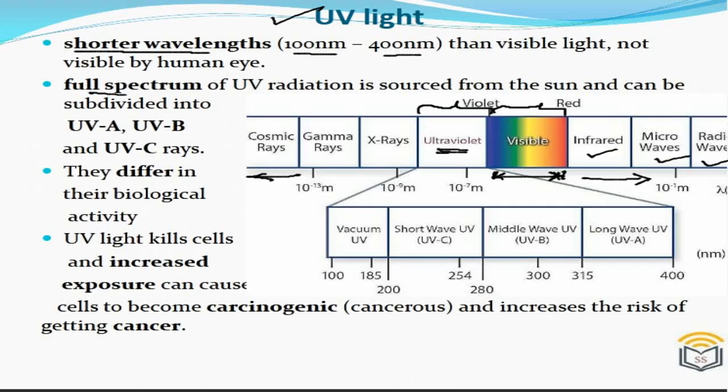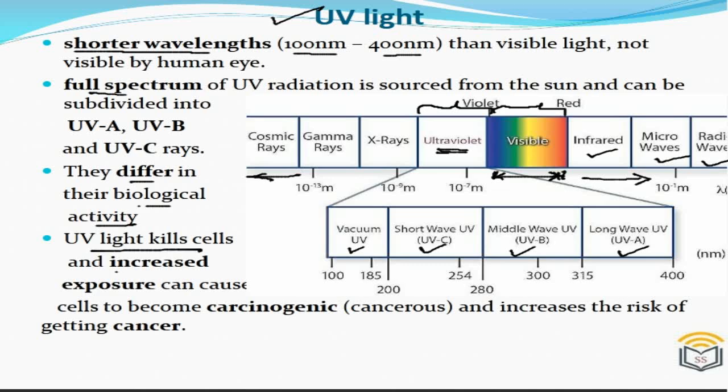In the ultraviolet range we can see there is some classification. It is broadly classified into ultraviolet A, B and C, and this is vacuum UV, which is of less importance as of now. And this A, B, C is the three classification. They differ in biological activity.